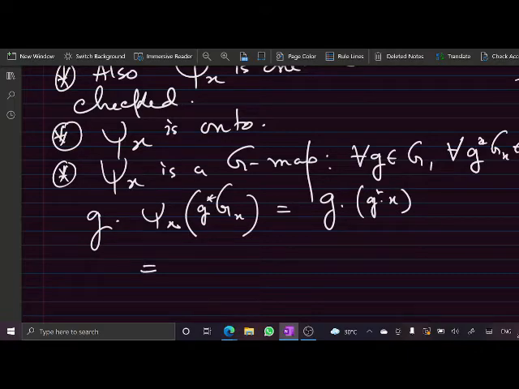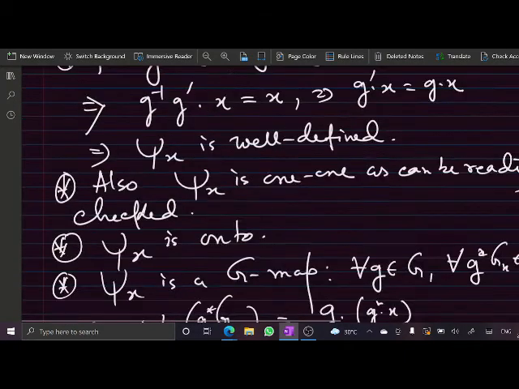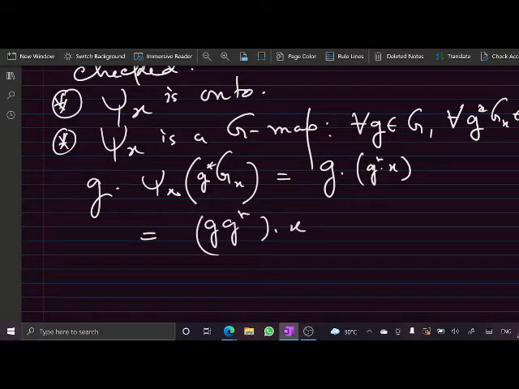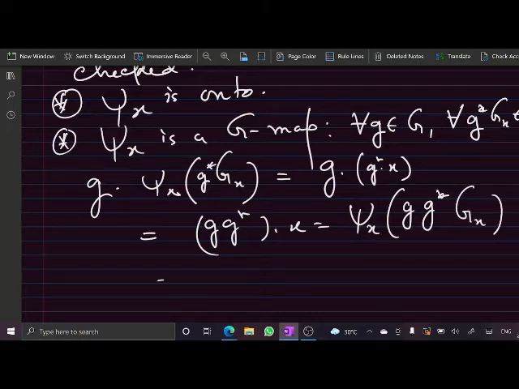So that means the psi x of g star gx is g dot g star gx.